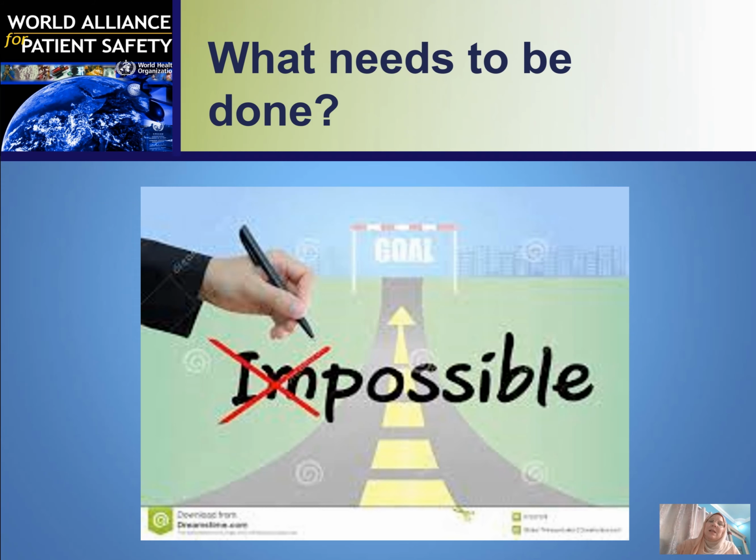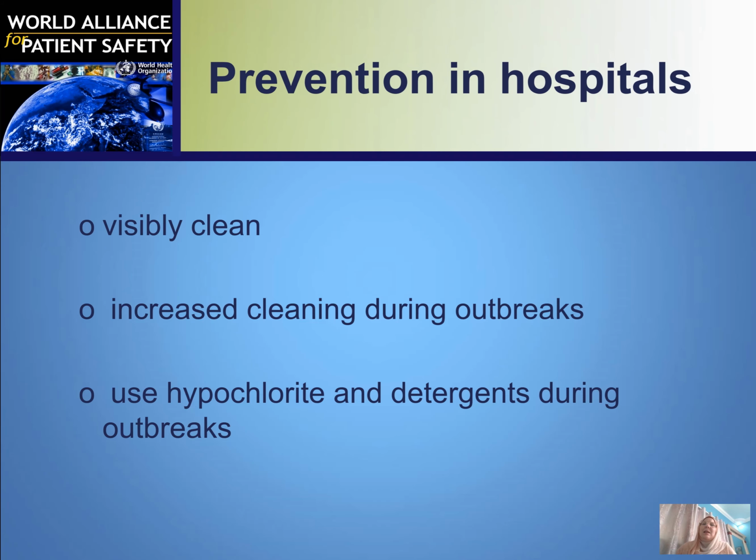So what needs to be done to change the situation? First of all, it is very important that hospitals are kept visibly clean. During specific disease outbreaks, the cleaning has to be increased and intensified.